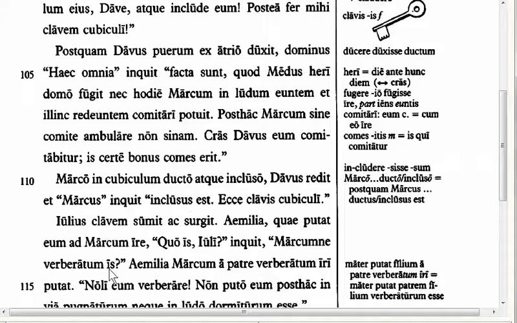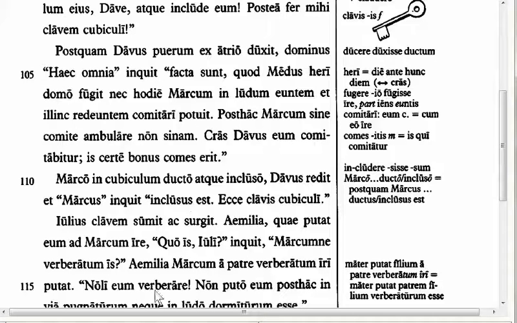Remember, there are two different supines. There is this supine, and then there is the ablative supine with the adjectives facilis or difficilis, and that one ends in a u. It is easy to beat. Verberatu facilis. And don't mistake the supine as a construction with the supine stem. Remember, the supine stem is combined with sum and a variety of other words to form different tenses, moods, and voices of the verbs. So here we see the supine stem continue in this same line. Aemilia Marcum a patre verberatum iri putat.